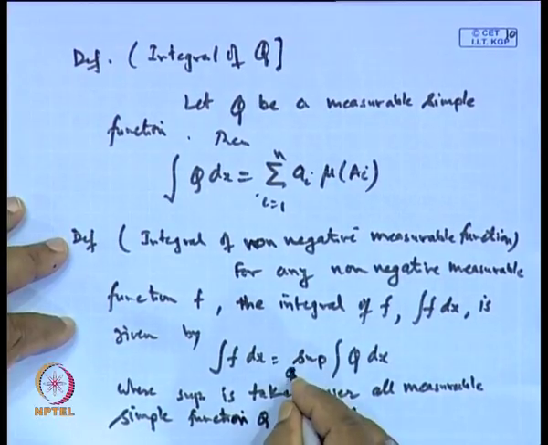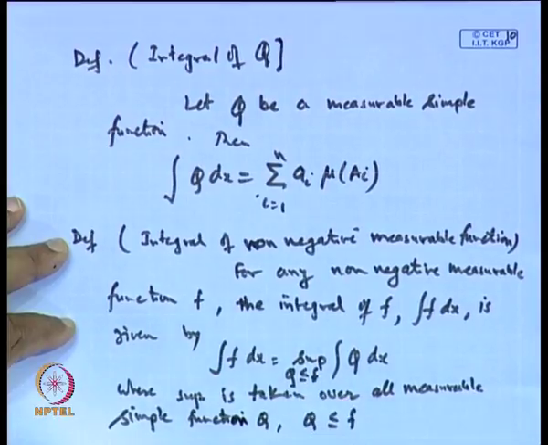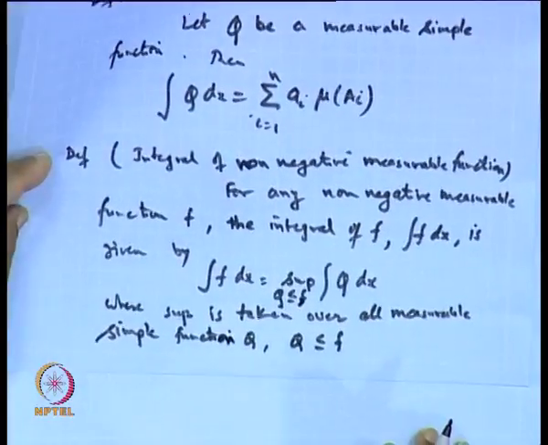Means the supremum is taken over all simple measurable functions phi which are less than or equal to f.